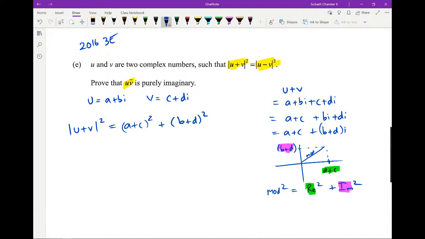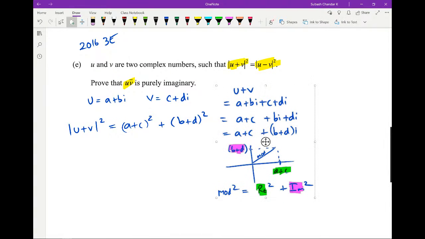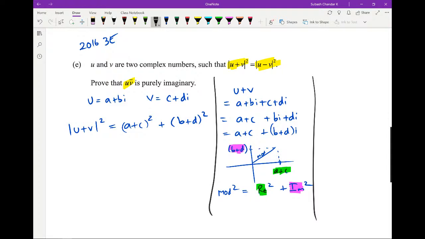All right, so that's what the U plus V looks like. Now we're going to do the same thing, but for U minus V. So U minus V, I'm going to do the same thing again.